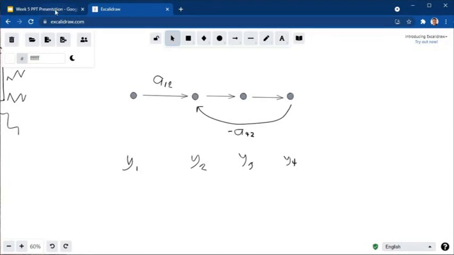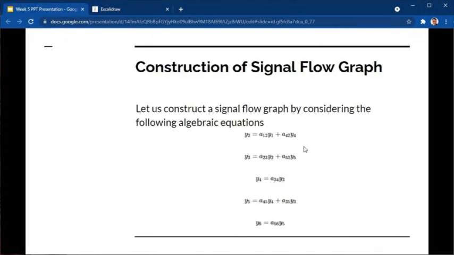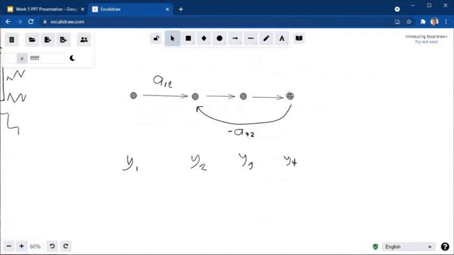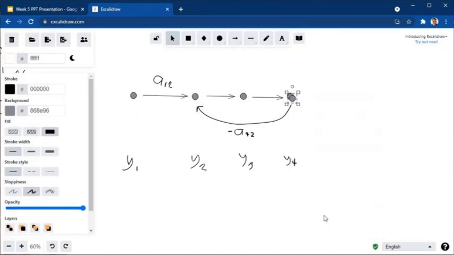All right, next. We're done with y2. So y3. Y3 is equal to the gain from node 2 to node 3 times y sub 2, then the gain from node 5 to node 3 times y sub 5. So we have y sub 5, and we have to add another node.